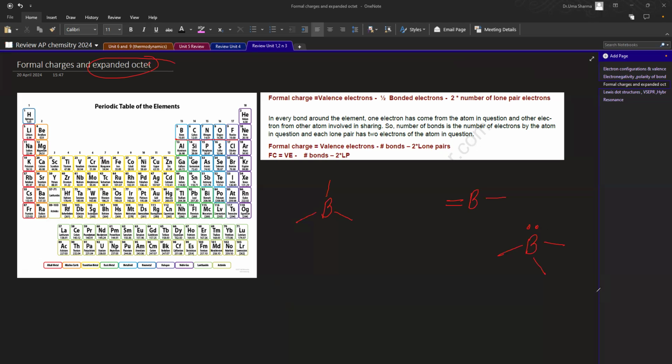what's the formal charge on boron? Can you count the formal charge on boron? You can use this equation or this equation, whatever you are comfortable. What's the formal charge on boron? In this case, it is 3 minus 3, 0.